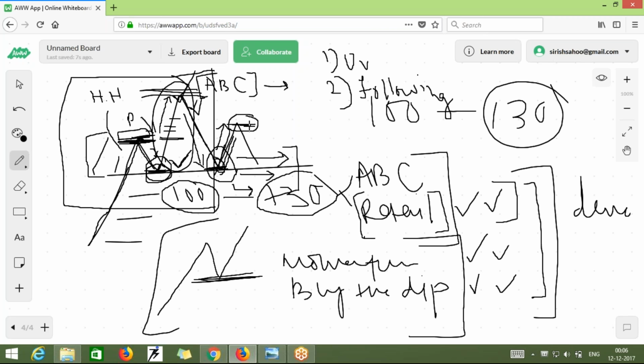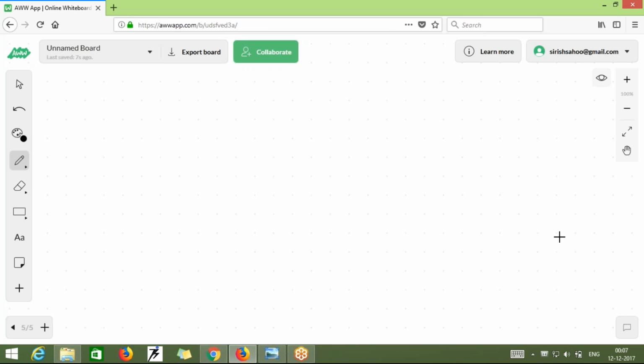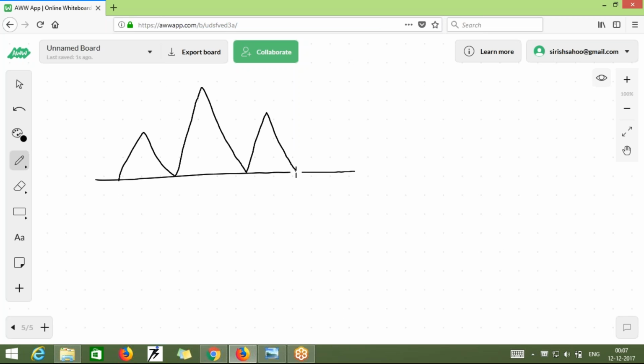So again, one more thing to concentrate on. Just a minute, let me draw it once again so that it can be clear. So I'm just trying to explain this part now. Here you can see this increase in volume, as I said, was just because of 2 to 3 reasons.